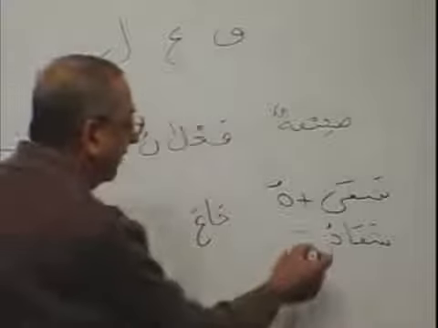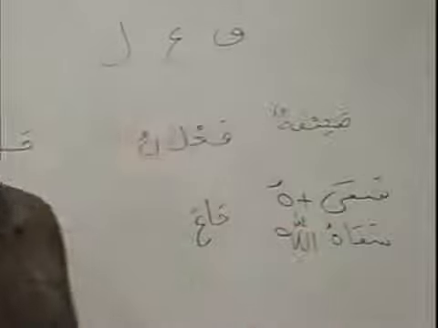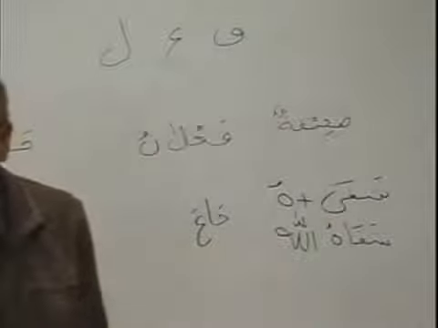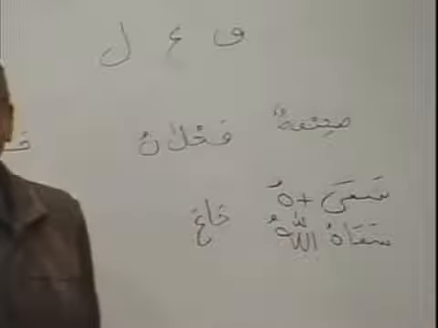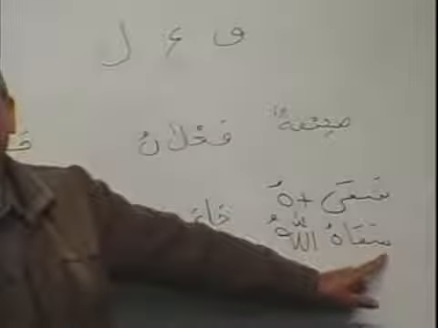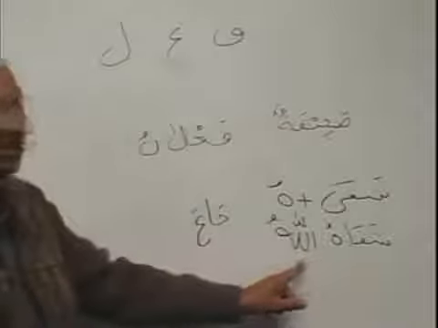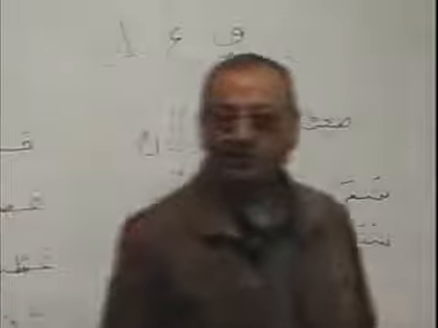Here now I am putting Shafahallah. Shall I put he, who? Who is this? Fa'il. Marfu. So now where is the verb? Shafa. And what is this? Maf'ulun bihi. And what is this? Fa'il. Inshallah, you will remember.